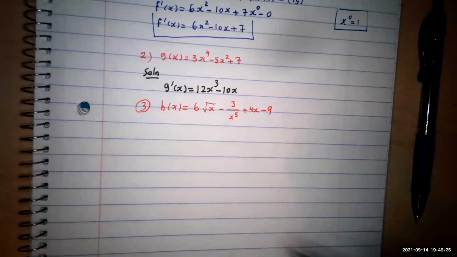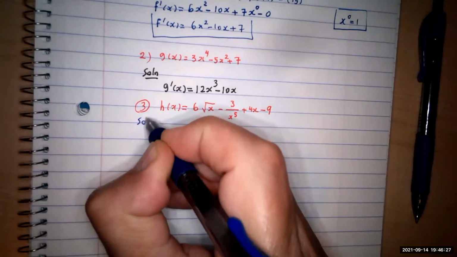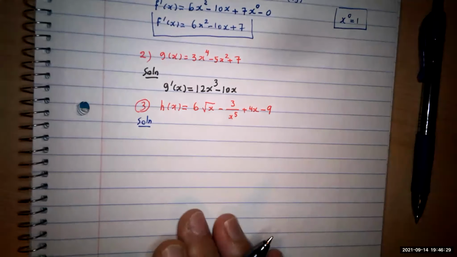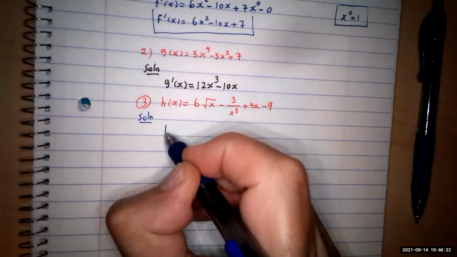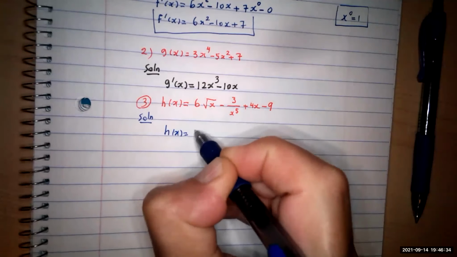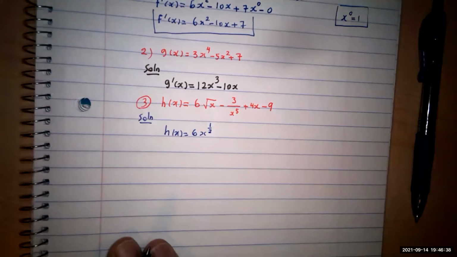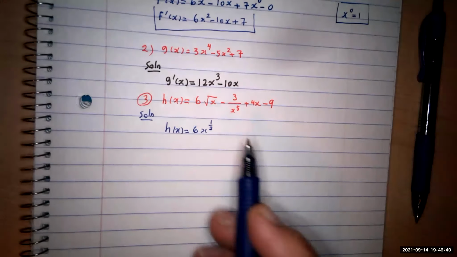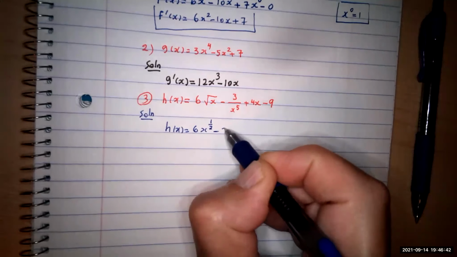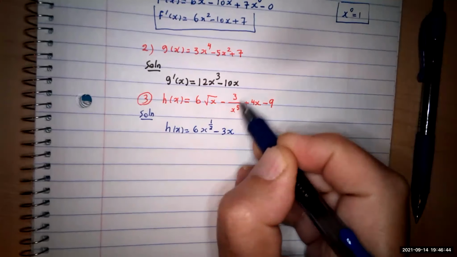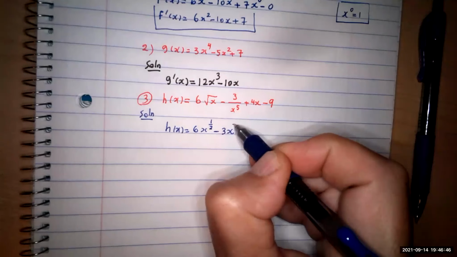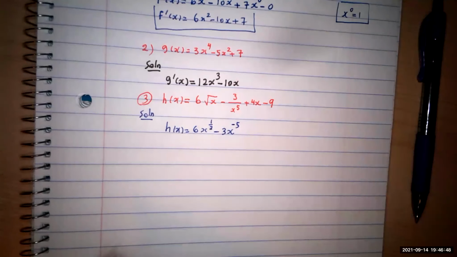Okay, so this is the first thing to do. We have to rewrite the problem. Rewrite it as h of x equal to 6x to the 1/2. Radical x, we write as x to the 1/2 because the index is 2, minus 3. We move this x to the 5th up, and you have to use a negative power.